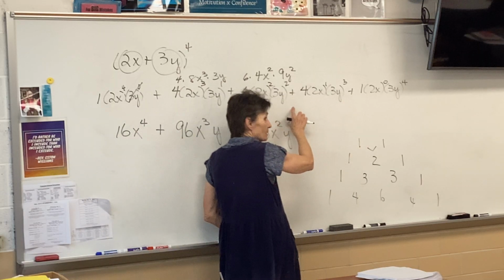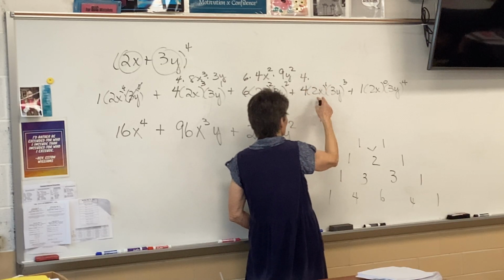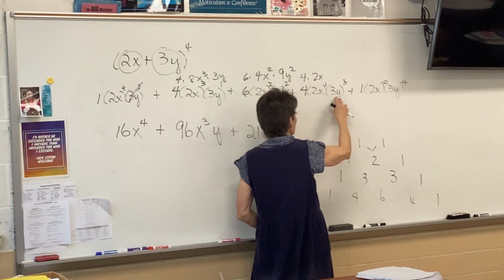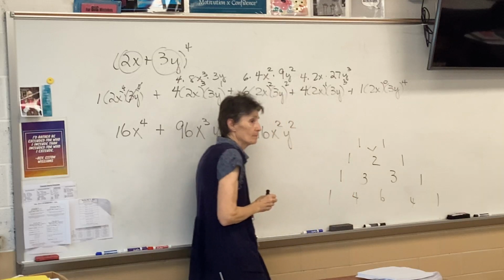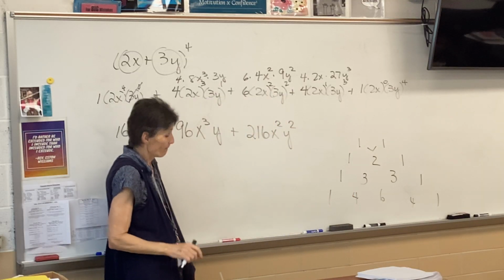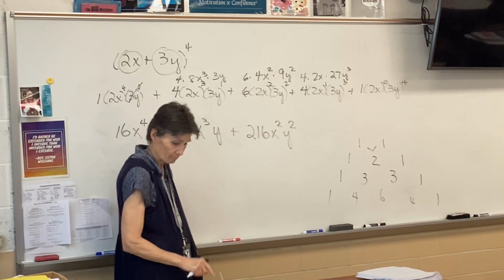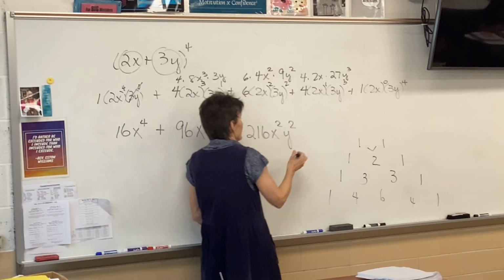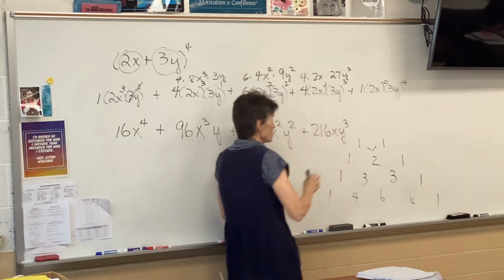Simplify this. You are multiplying 4 times 2x times 27y cubed. Did you get 216 again? Yep. And that's okay, that can happen, that's no big deal.